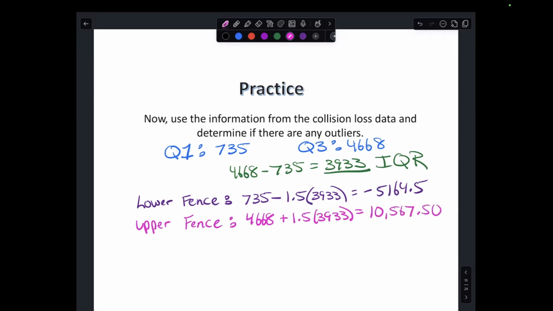I have one outlier here. I have a data value that is $21,147. That is an outlier. That number is higher than my upper fence. Therefore, it is an outlier. It's unusually big. Questions?